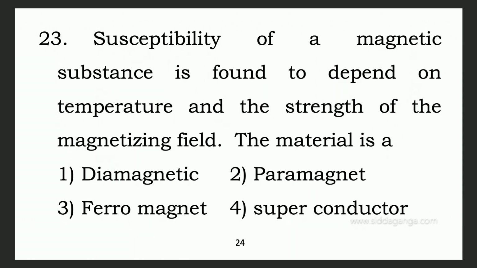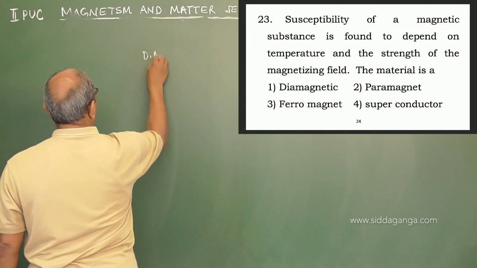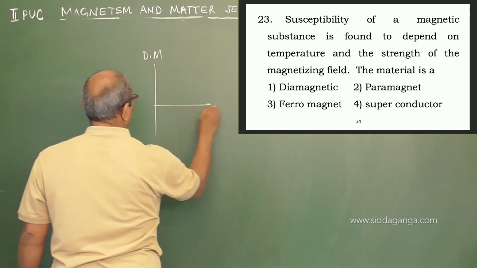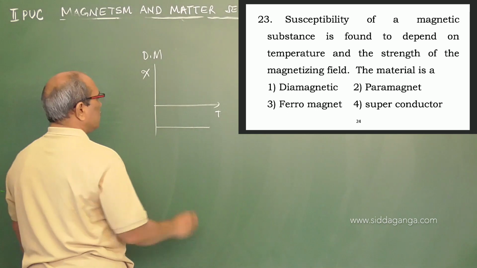Susceptibility of a paramagnetic substance is found to depend on temperature and the strength of the magnetizing field. Susceptibility, temperature variation, quite natural. I showed you that in the case of a diamagnetic substance, the variation of susceptibility with temperature is almost negative.